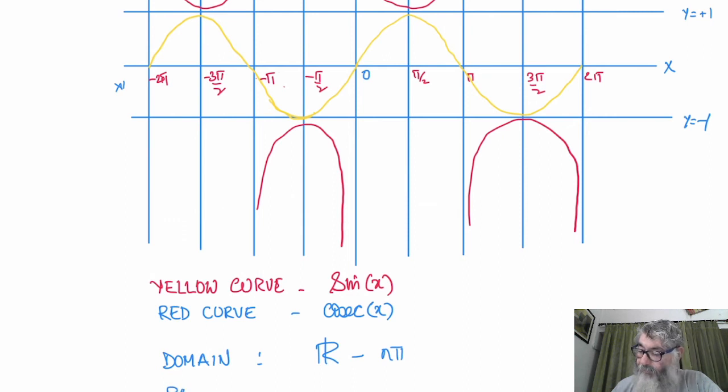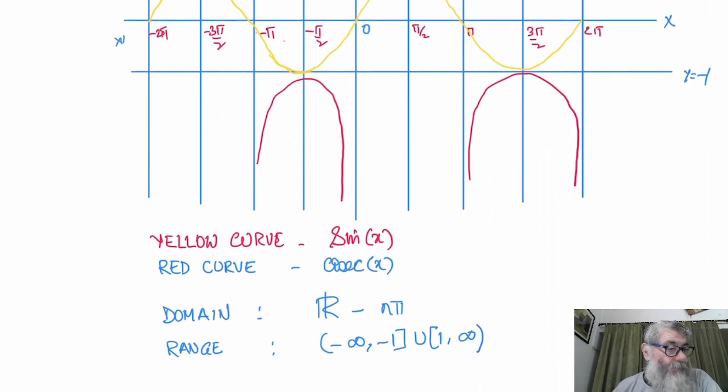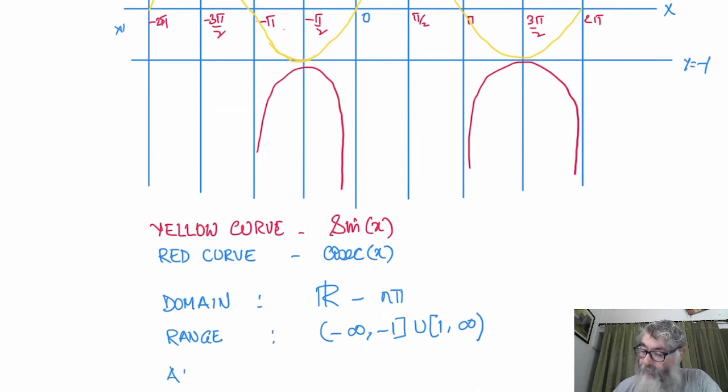The range is minus infinity to minus 1 union 1 to infinity, and asymptotes are at n pi. And that shall do just now.